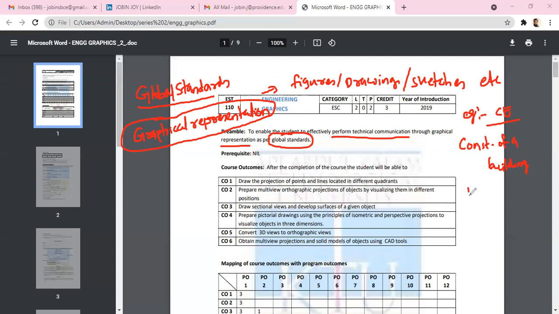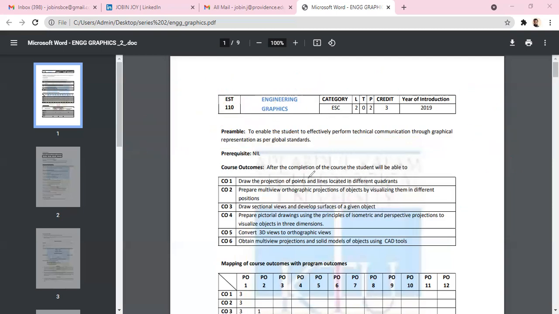Another example, a mechanical engineer: his machine components, front view, isometric view, sectional view of various machine components, assemblies, etc. Similarly, electrical engineering, electronics engineering, like that. That is the main aim of this subject: effectively perform technical communication through graphical representation as per the global standards.